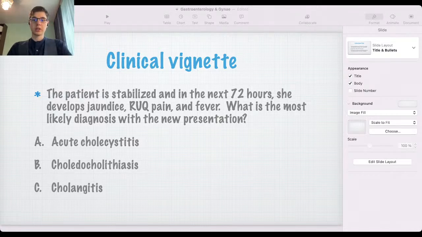A cholecystitis, okay, Sadhana. This is another answer. Can we also have the reasoning behind B or cholecystitis?